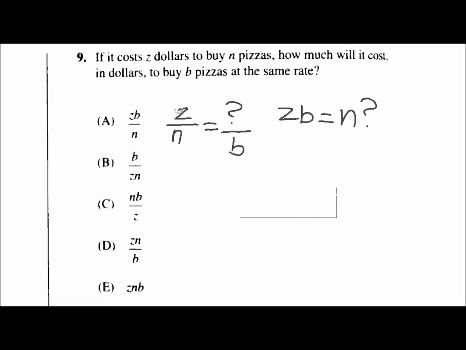And think of that question mark as some other variable, okay? Now, I need to get that question mark by itself. So I'm going to divide both sides by N to get rid of it over there. And I'll get ZB divided by N is how we would find out this question.